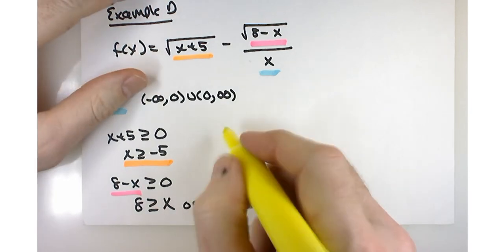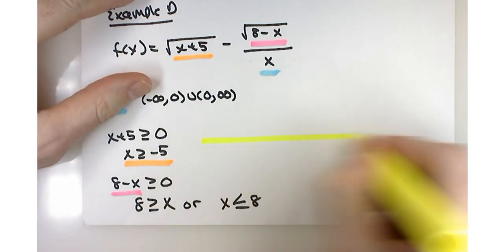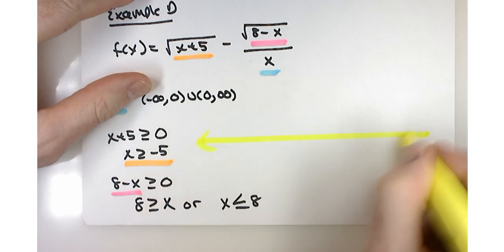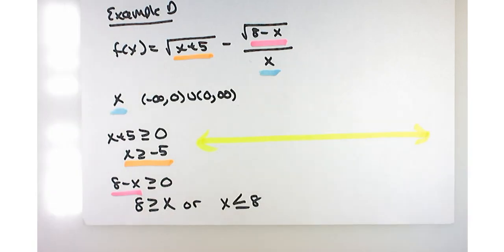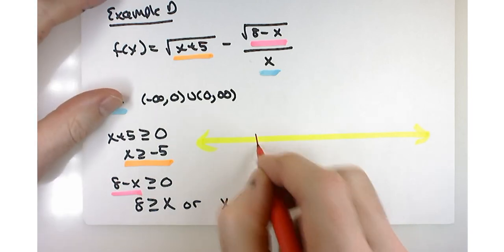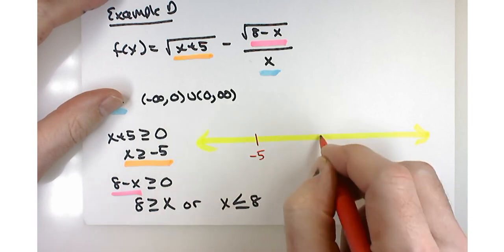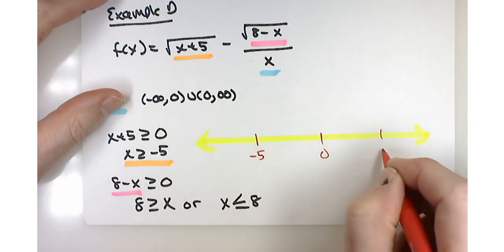Let's put these on the number line and see where they all overlap. Now, as far as putting this on the number line, let's just put the points that we really need, which would be our -5, 0, and 8.